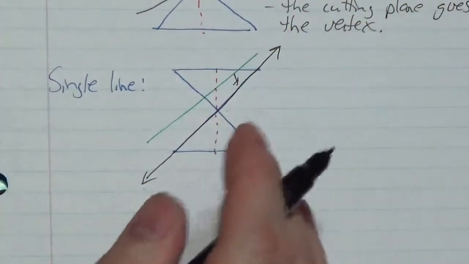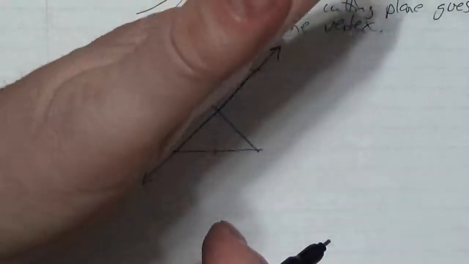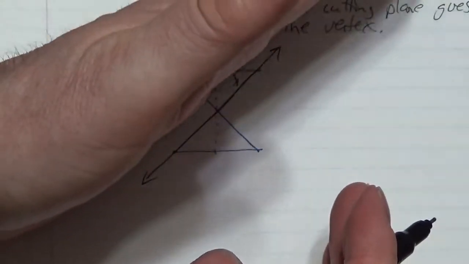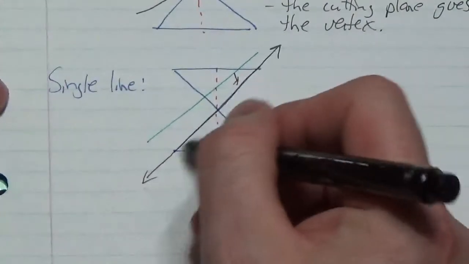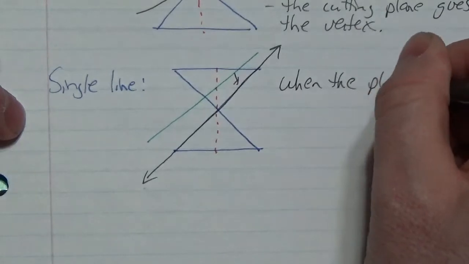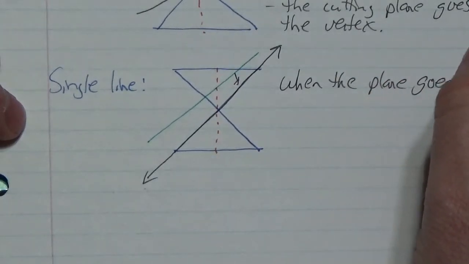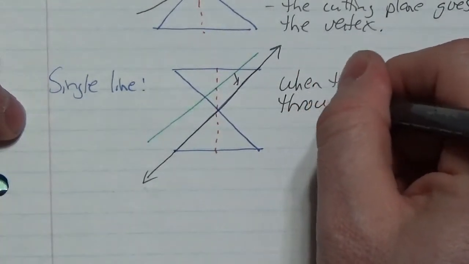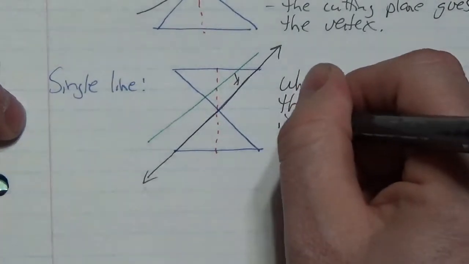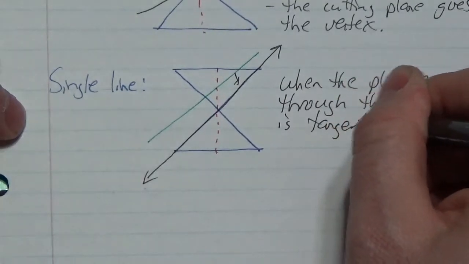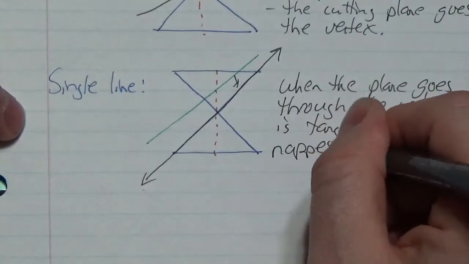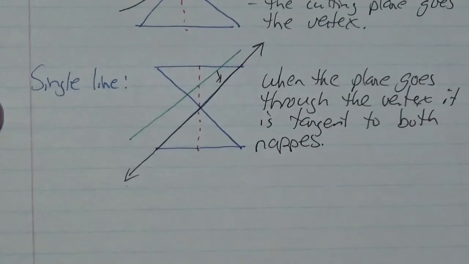Now, bear in mind what this is. This is a plane, okay? So it's like my hand here coming out of the page. As I slide that closer to the vertex, once I hit the vertex, so when the plane goes through the vertex, it is tangent to both naps. Okay, it runs tangent to both naps.